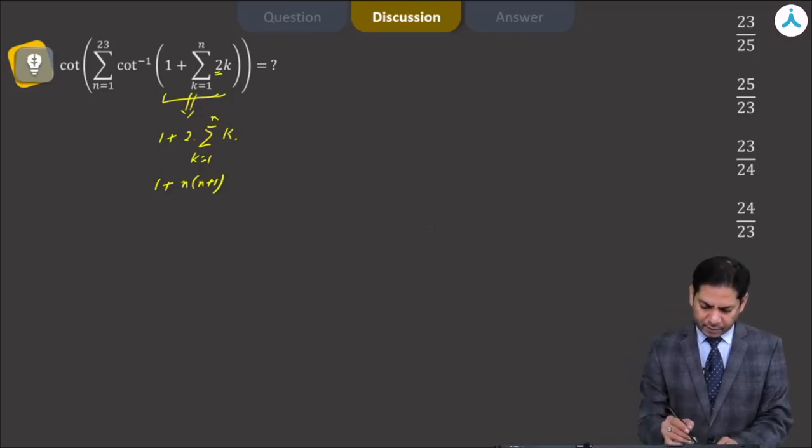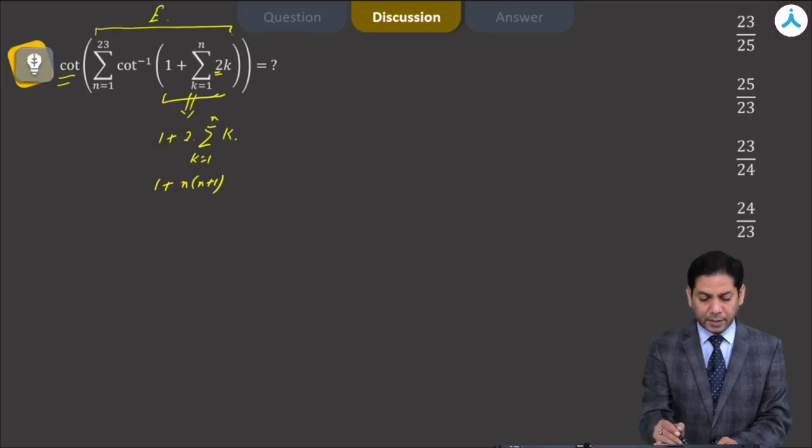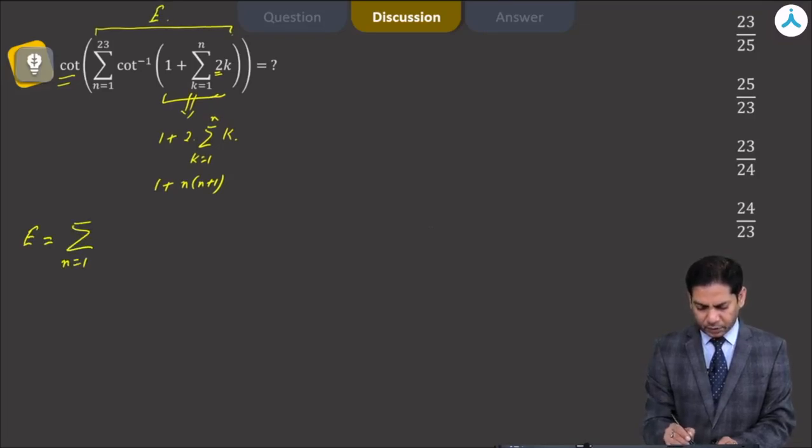Now if we write it properly, then forget about this cot, we will take care of that later on. The expression inside this cot, let's call it E. Then E is equal to summation for n is equal to 1 to 23 of cot inverse 1 plus n multiplied by n plus 1.